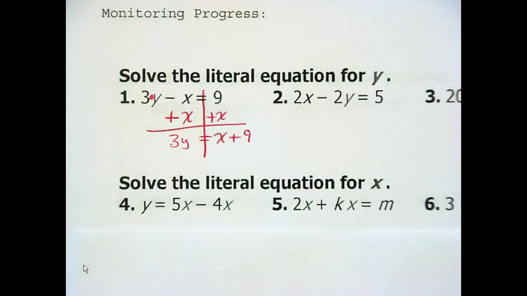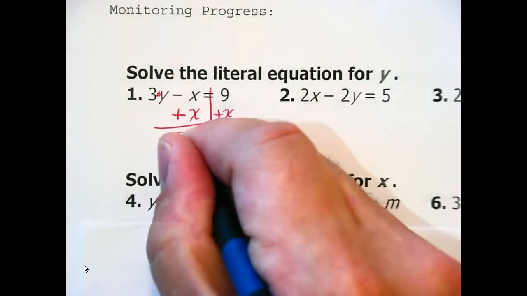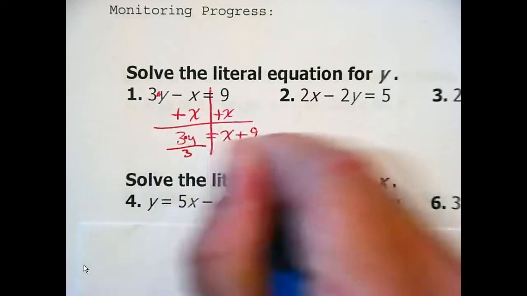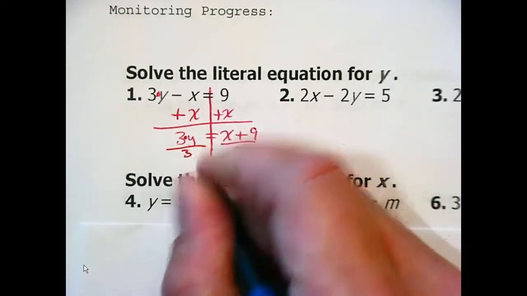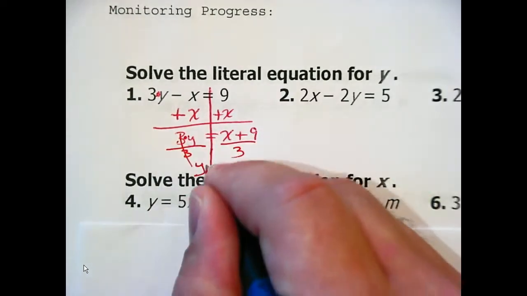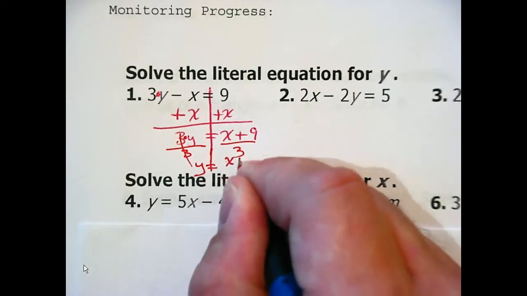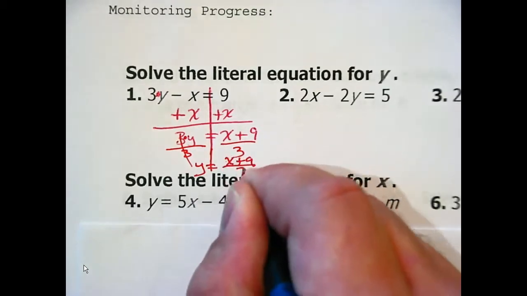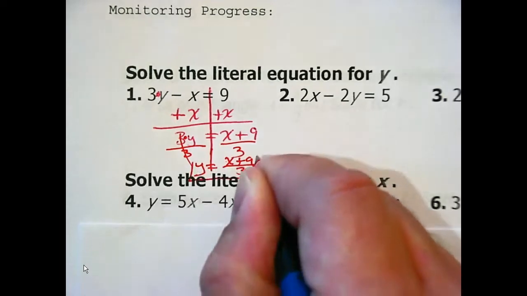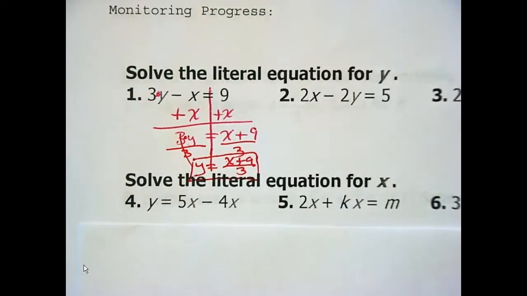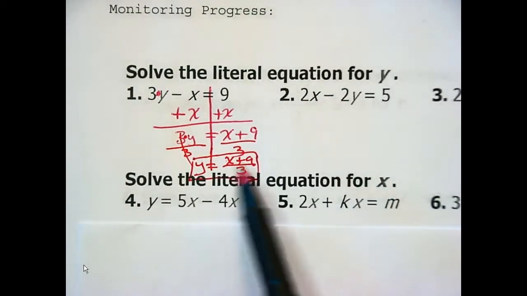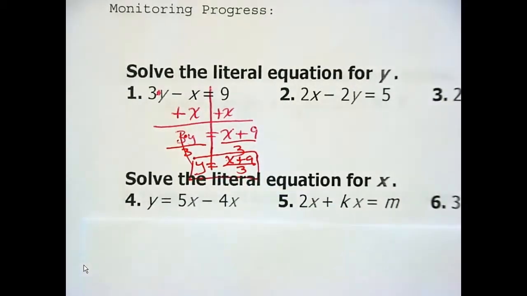How do I get rid of 3? Yeah, they're multiplying, so we divide. This cancels. Y is equal to x plus 9 all over 3. And that's how we leave it. That allows us now to plug in an x value and find y quickly.